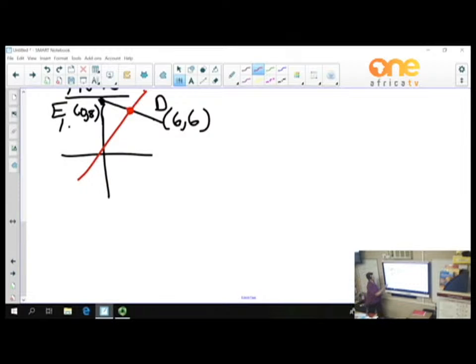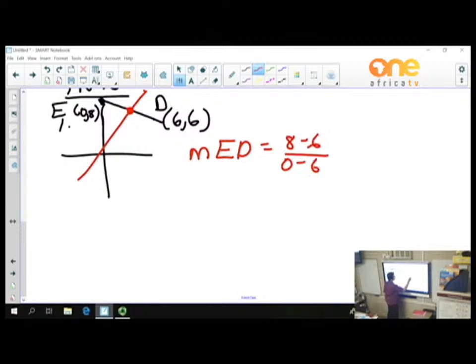So what we do now is I'm first going to find the gradient of ED. And the gradient of ED is 8 minus 6 over 0 minus 6, which is 2 over negative 6, which is negative a third. Okay. Now, what did we say? Well, the perpendicular, look how I'm writing it now.